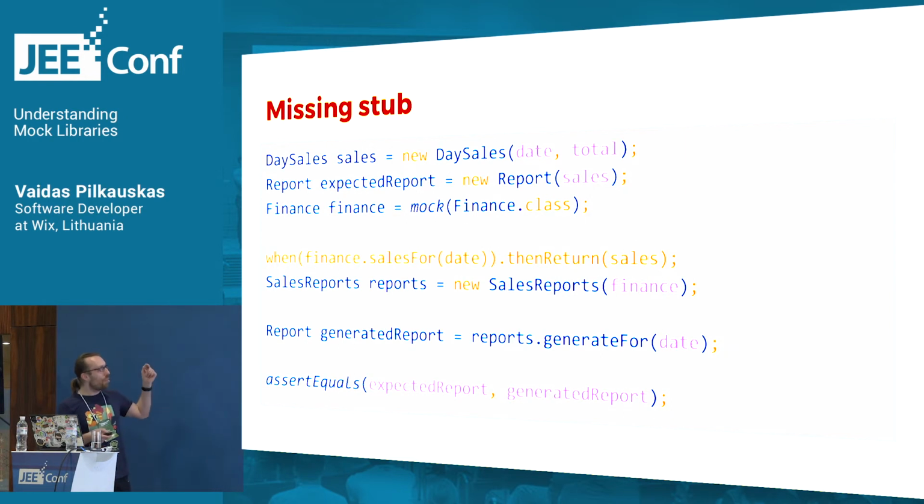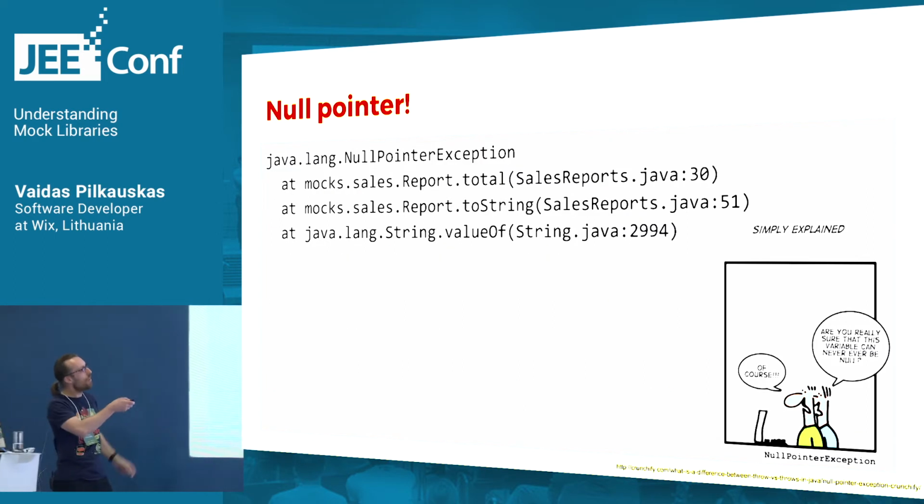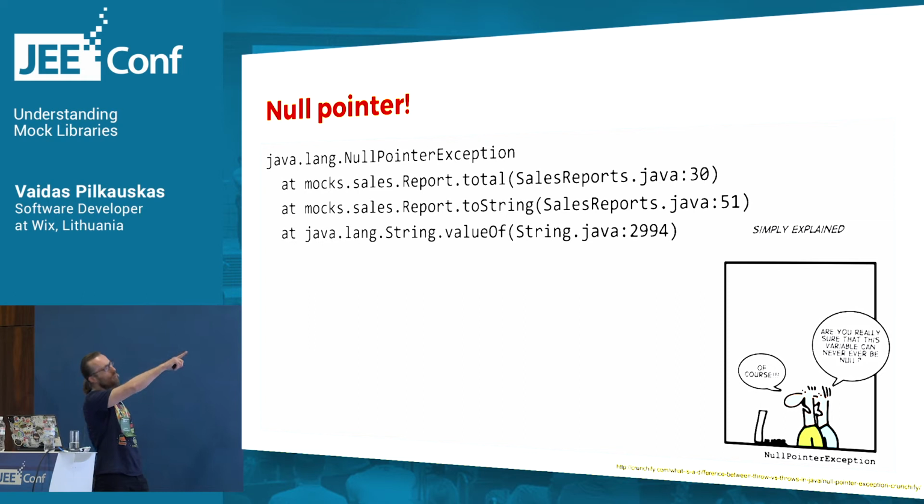To fix that, we need to tell our mock to return something, and you can see that it's not really visible what exactly happened. It says that it tried to do something with report total, blah, blah, blah, but it didn't say what happened.